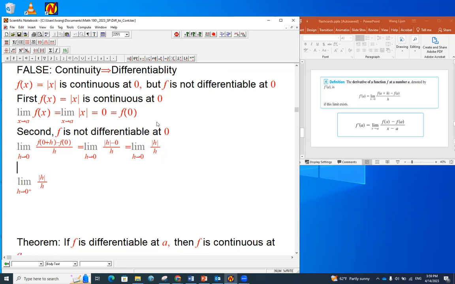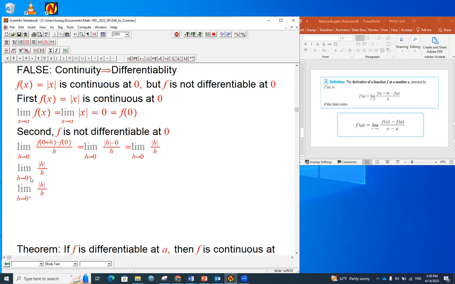So we observe the limit from left and from right. When we observe the limit from left, which we just did, h is approaching 0 from smaller than 0, and the absolute value of a negative number is its opposite. So it's minus h over h.